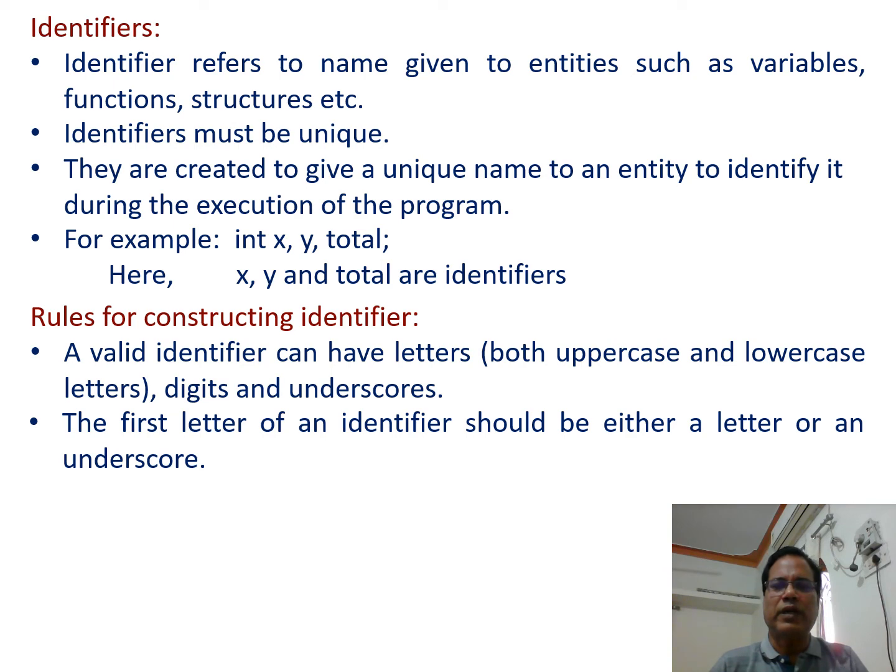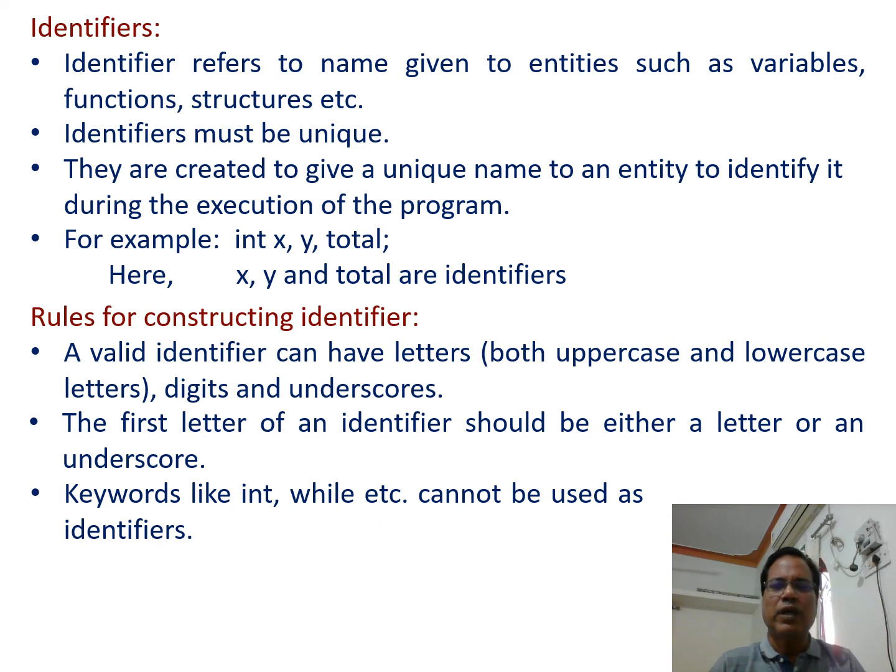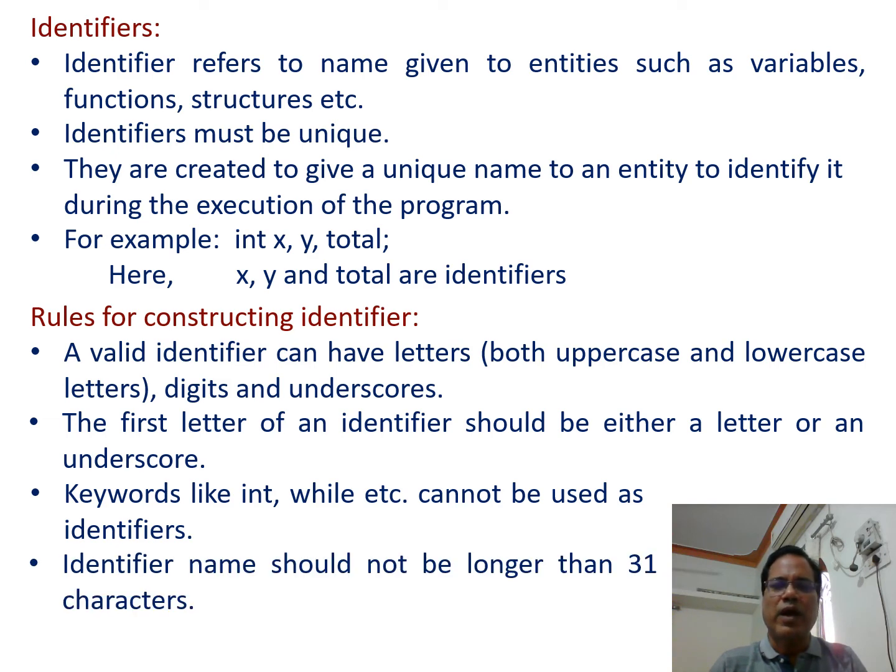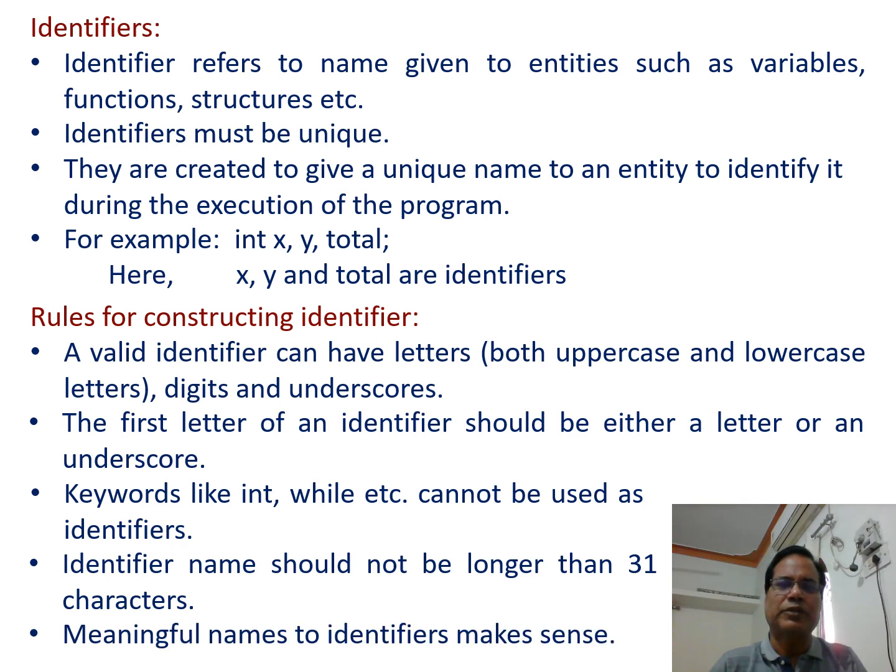The first letter of an identifier should be either a letter or an underscore. Keywords like int, while, etc. cannot be used as identifiers. An identifier name should not be longer than 31 characters. Meaningful names for identifiers make sense.